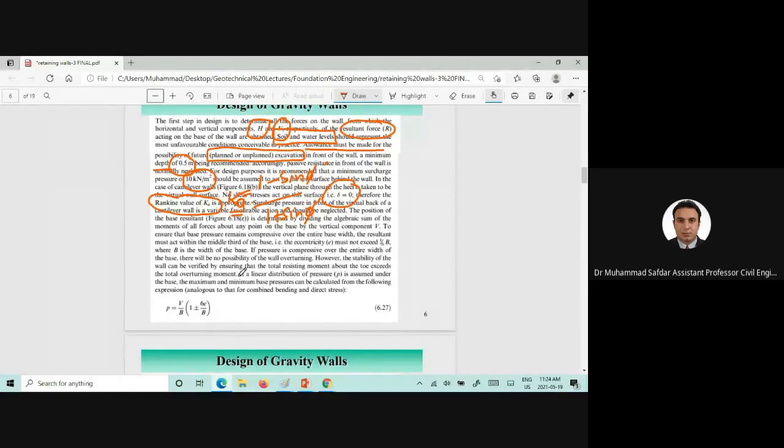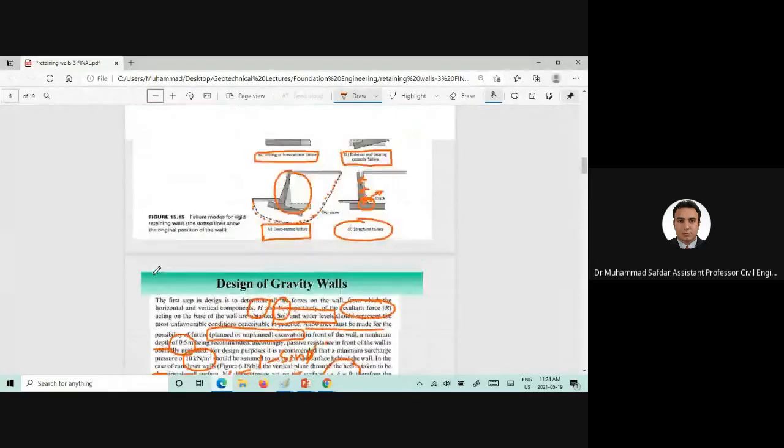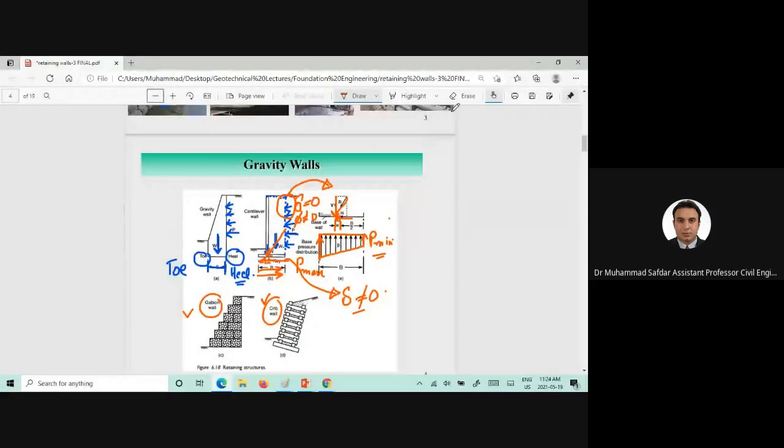Now, if we want to find out the base resultant location, for example, if you want to find this location, the moment arm or the point of the application of the resultant, this we can easily find out using what I would call the lever arm: summation of moment divided by the vertical forces.